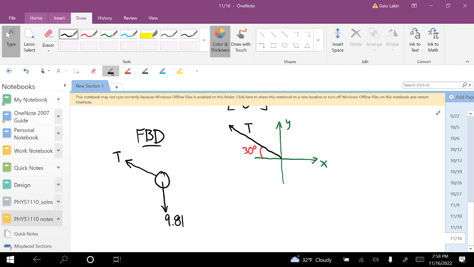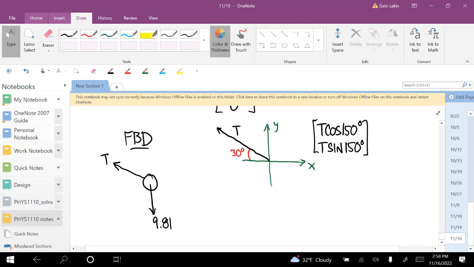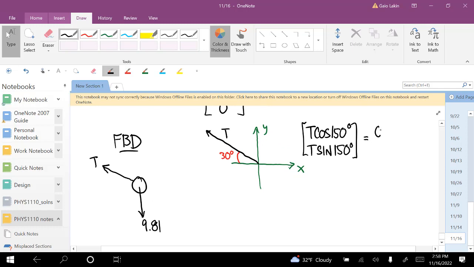What's the counterclockwise angle from the positive x-axis to this vector? 150, yep. So this vector is going to be T times cosine of 150, T times sine of 150. And that comes out to be negative 0.866 T, and then positive 0.5 T.